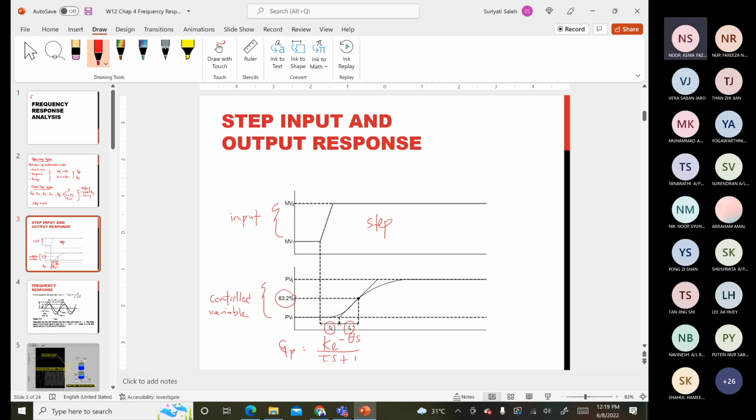So basically in this case, is it appropriate to have a step input in the chemical industry? Imagine that in the chemical industry, they are operating the plant 24 hours a day. That means the plant is kept running in order to meet the continuous demand.